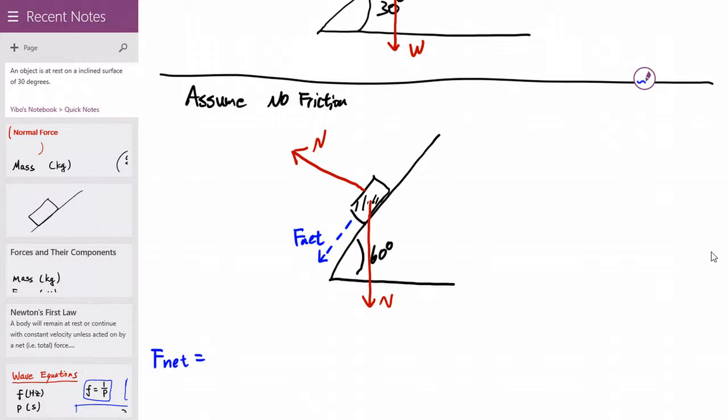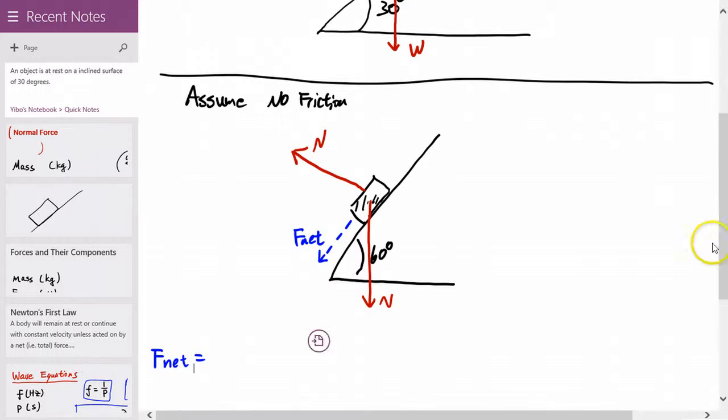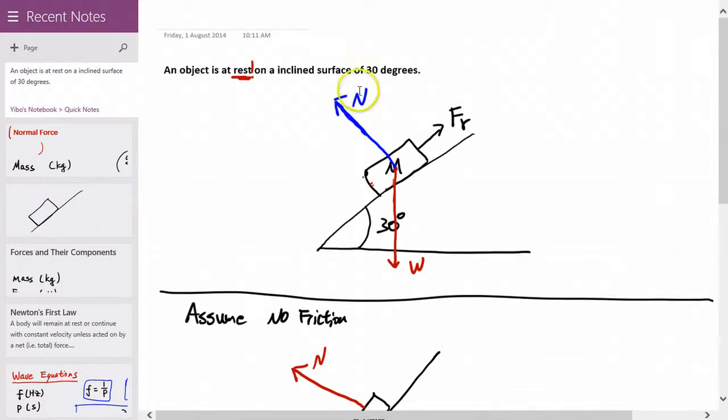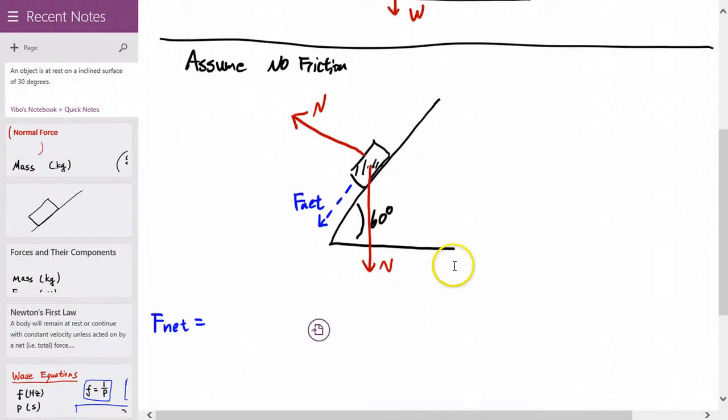There's no way the block can remain stationary unless we attach a string to it, but that's another story. So in this video, we learned about normal force, we learned about friction force, and we learned about weight force.